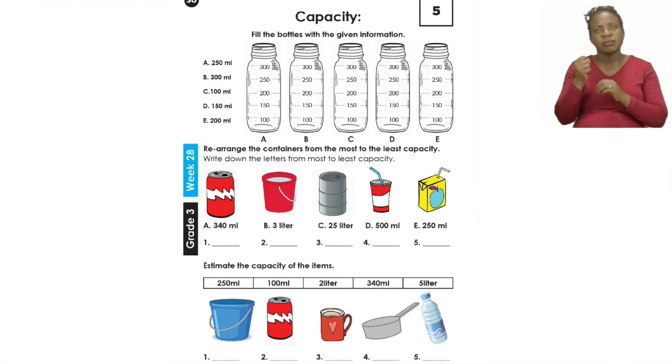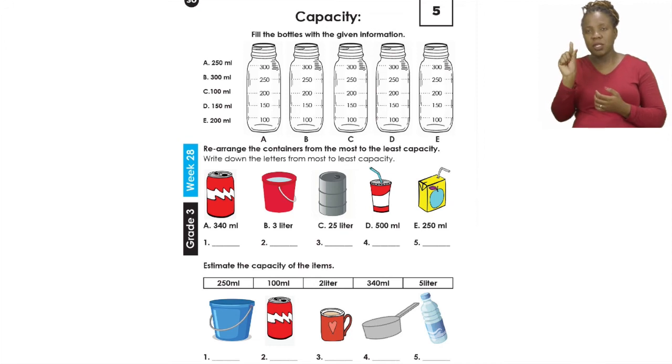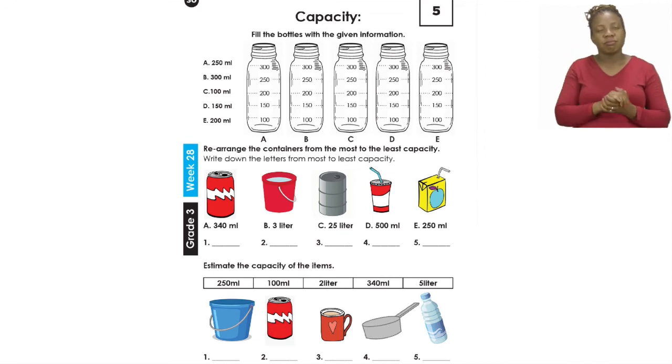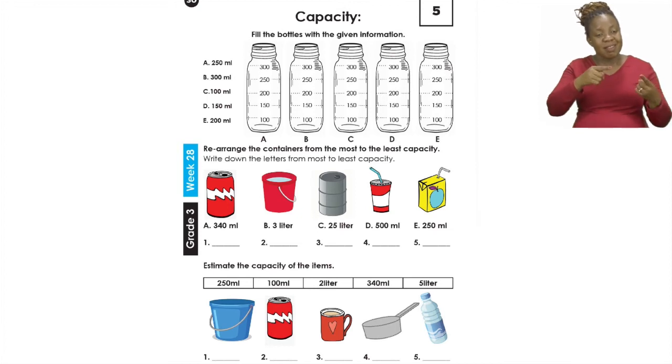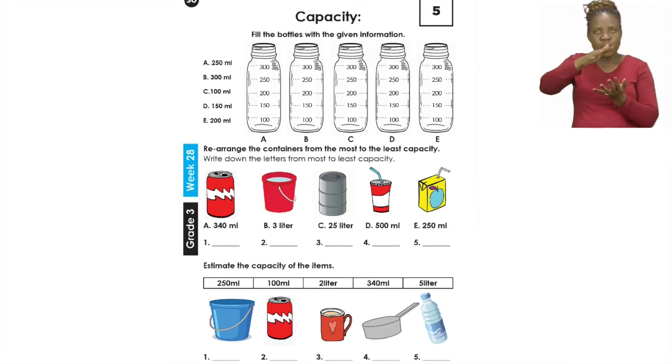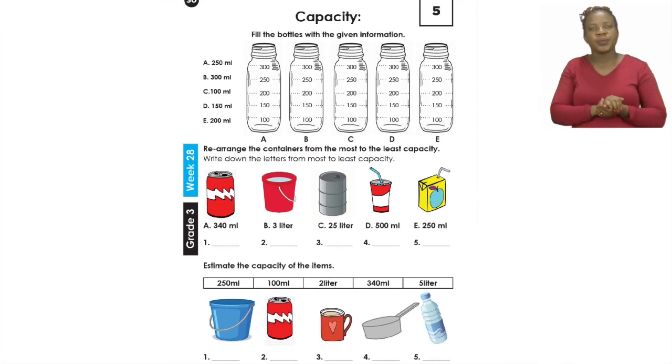By now, boys and girls, you should know that liters are more than milliliters. So you have to now go and look at the item with the most capacity, to the item with the least capacity. And we said earlier, liters are more than milliliters.